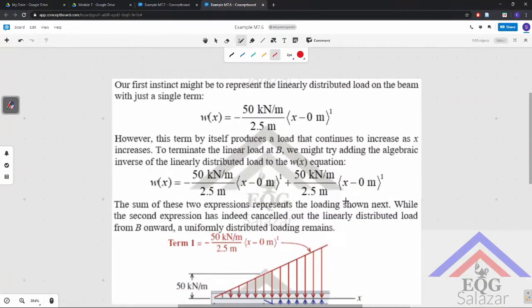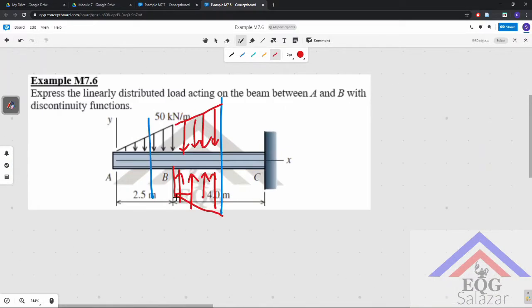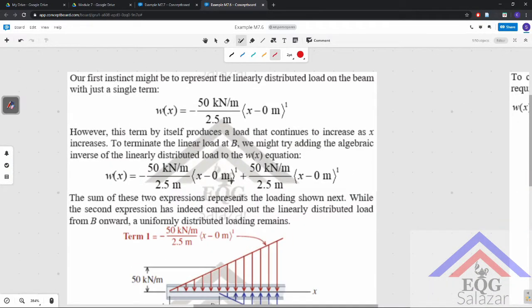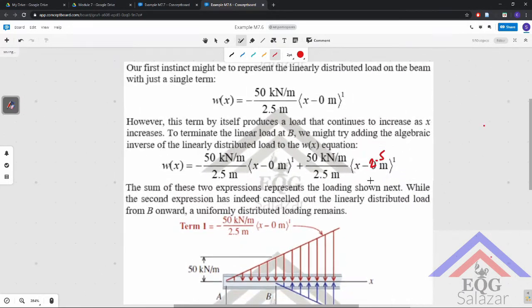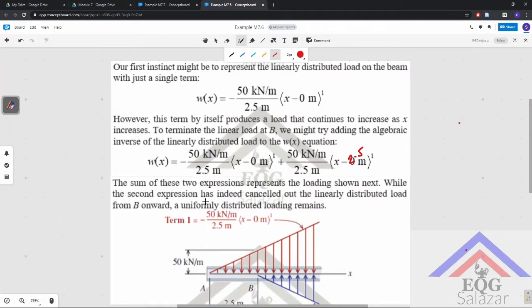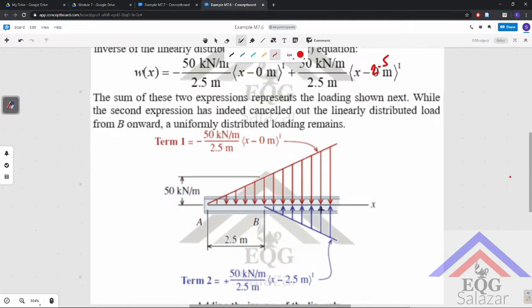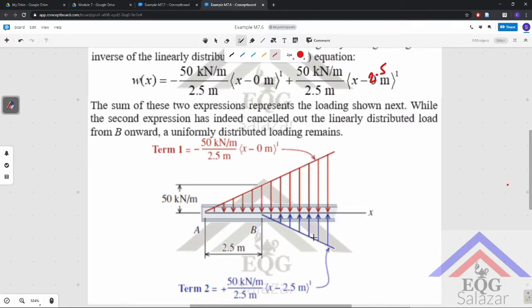So this is supposed to be 2.5, minus 2.5. Okay, so moving on. The sum of these two expressions represents the loading shown next here. So it's basically only a rectangular load.